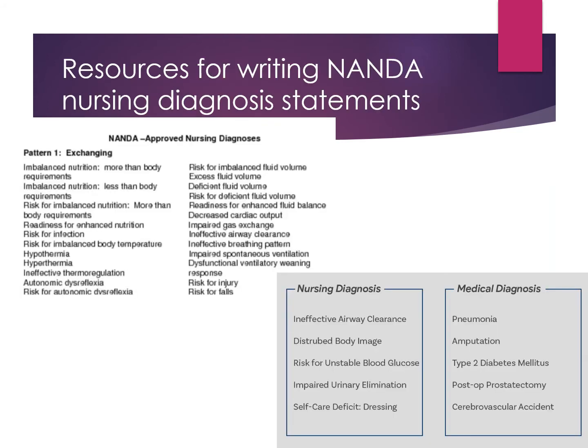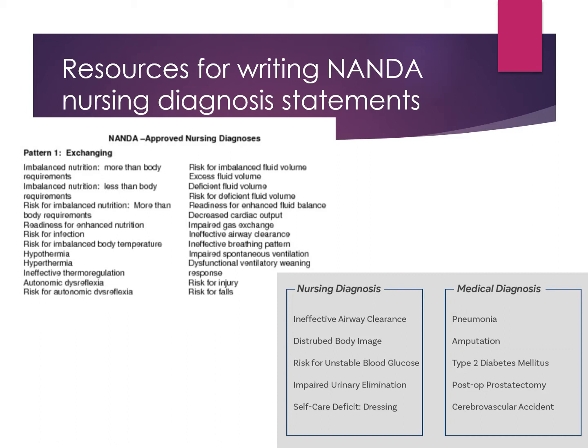Here's just a small example of some of the NANDA approved diagnoses that you'll be using to help formulate a nursing diagnosis statement. One of the examples is impaired gas exchange. In the actual NANDA statement, you would write impaired gas exchange related to, and then you need to put the pathophysiology of what's causing this.